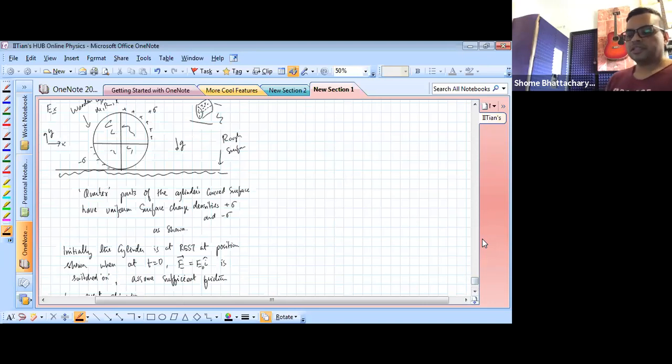Okay. So through this question, we'll understand how we can use the concept of center of charge. Just try this out first. Start by understanding how much torque the horizontal electric field E naught i cap will create on this.